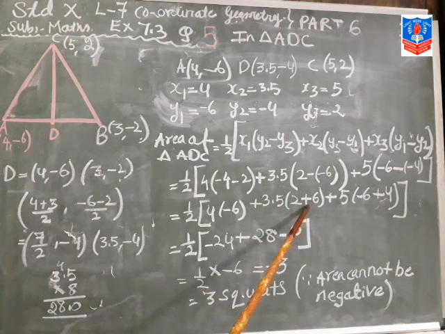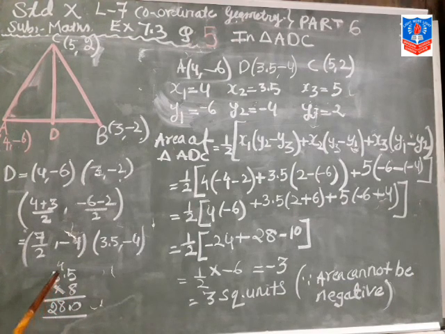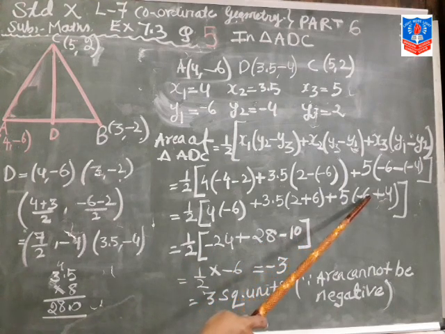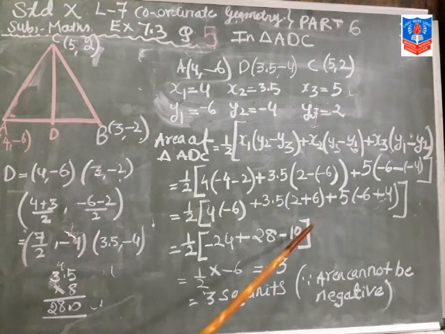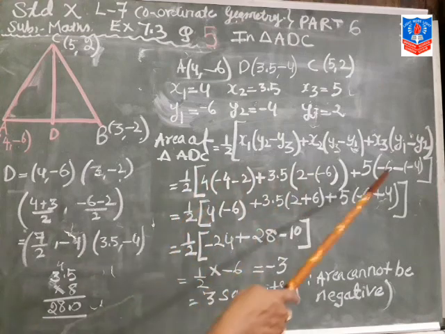Here 8. 8 into 3.5 is 28. After one decimal place, you start from the right hand side, so you will get 28. And here minus 2 and 5, that is minus 10. So you can write this statement directly. This one is not compulsory.